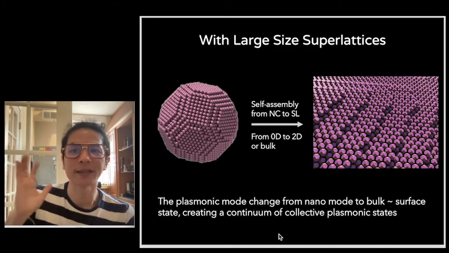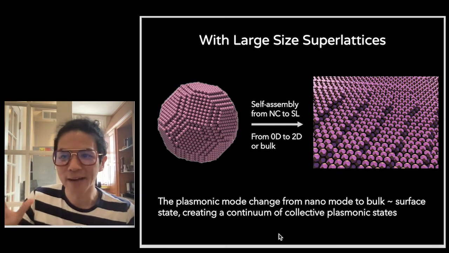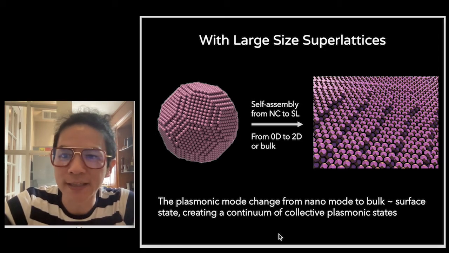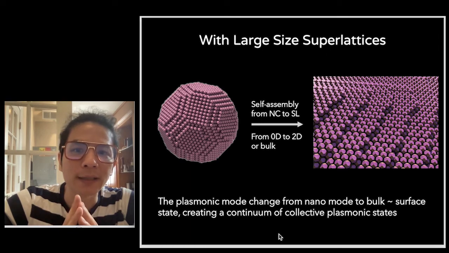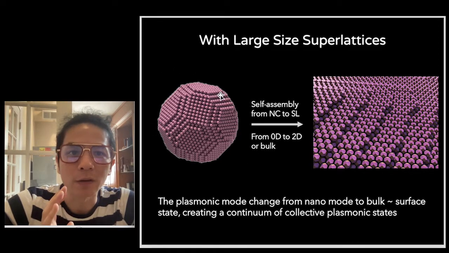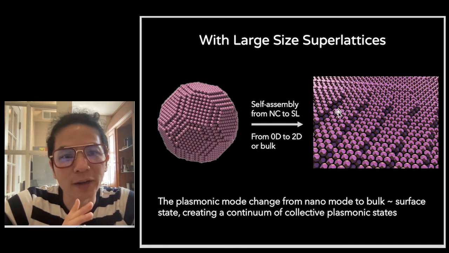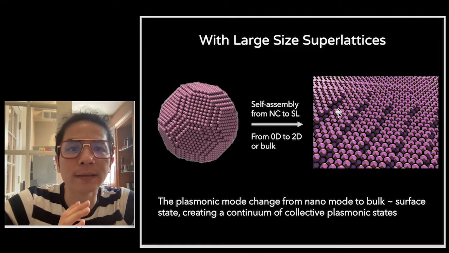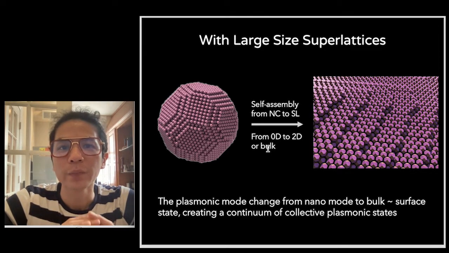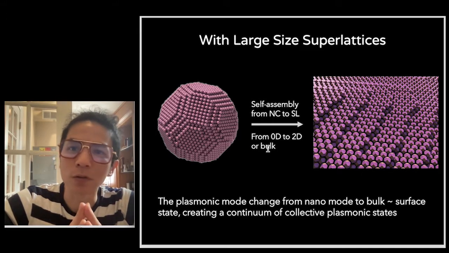Basically you can take advantage of nano and the plasmonic hybridization, and you can change the plasmonic mode. So people are studying this by changing the size of the nanocrystal and observing the plasmonic properties of the superlattice of the nanocrystal, changing the structures or stuff like that. So there are a lot of interesting things going on.